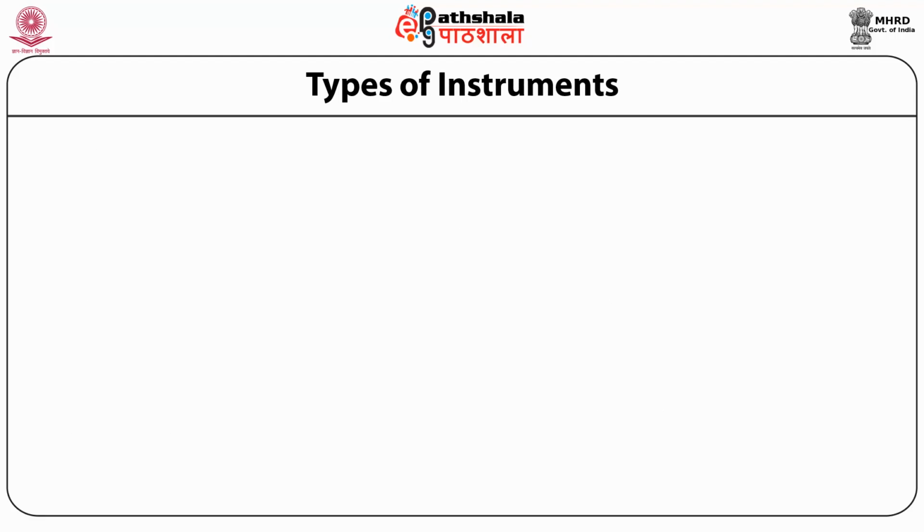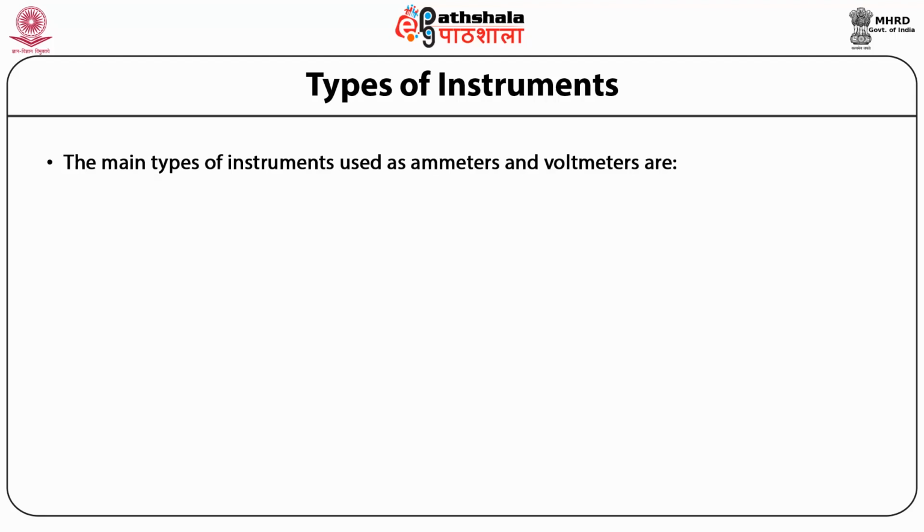Let us consider the types of instruments. The main types of instruments used as ammeters and voltmeters are: first, the permanent magnet moving coil, that is PMMC.